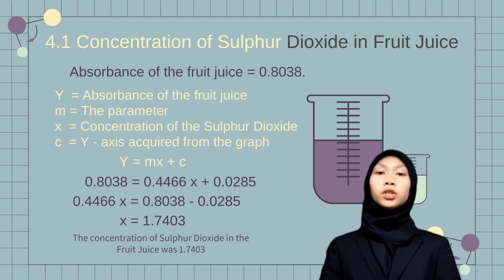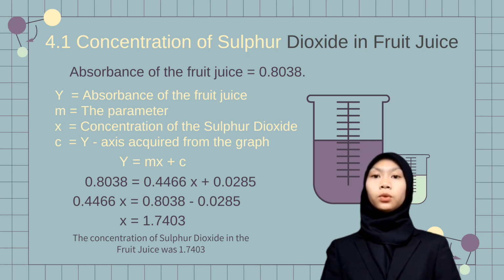For the concentration of sulfur dioxide in the fruit juice, we need to calculate the concentration. The absorbance of the fruit juice that we use is 0.8038, and the formula that we use for this calculation is y equal to mx plus c, where y is the absorbance of the fruit juice, m is the slope parameter, x is the concentration of the sulfur dioxide in the fruit juice, and c is the y-intercept acquired from the graph.